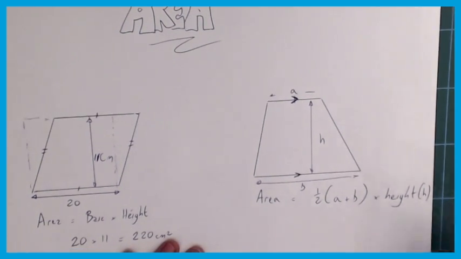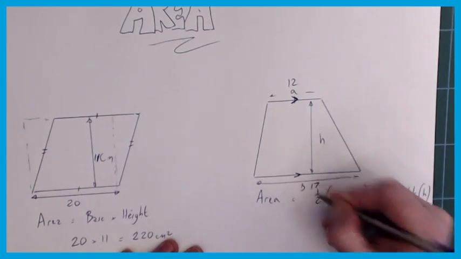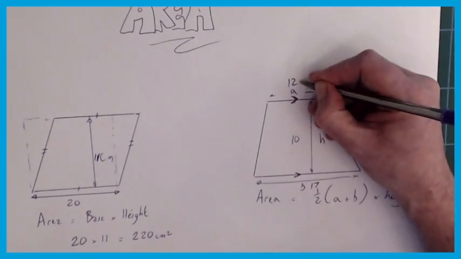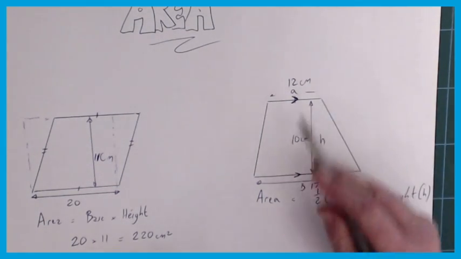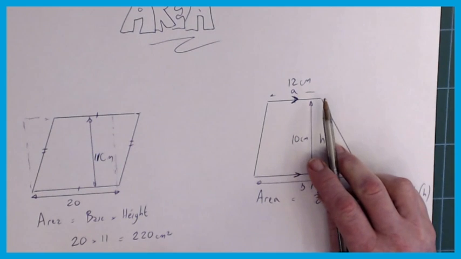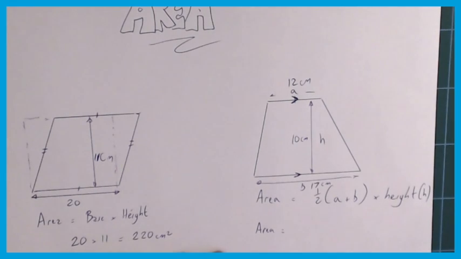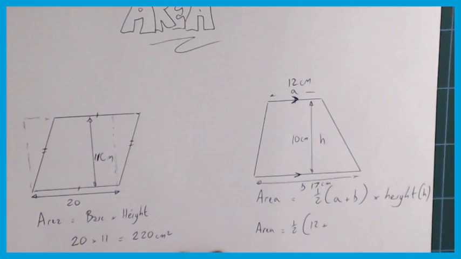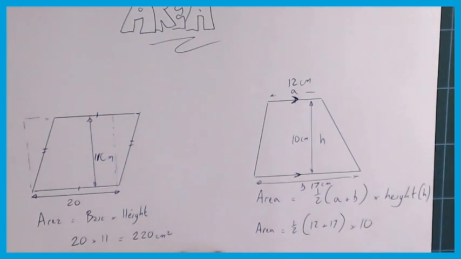So let's put some numbers into this. If A is 12, B is 17, and height is 10, we'll call them centimetres. So let's put this into the formula. Area equals a half of A, which is 12, plus 17, times the height.